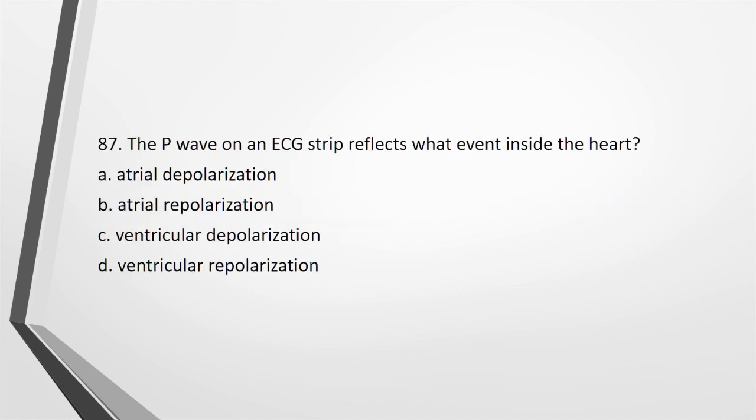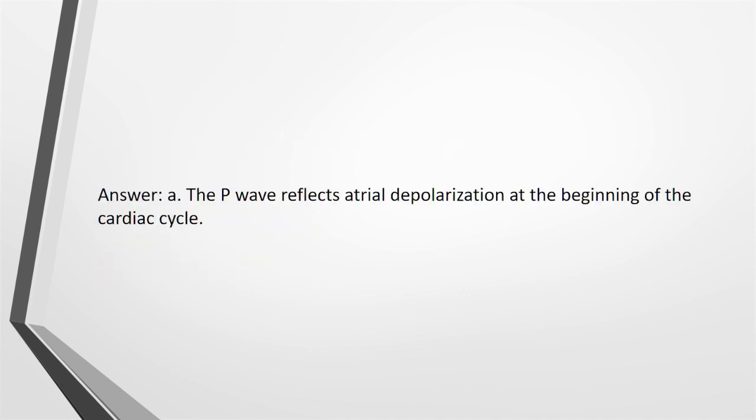The P wave on an ECG strip reflects what event inside the heart? A. Atrial depolarization. B. Atrial repolarization. C. Ventricular depolarization. D. Ventricular repolarization. Answer. A. The P wave reflects atrial depolarization at the beginning of the cardiac cycle.